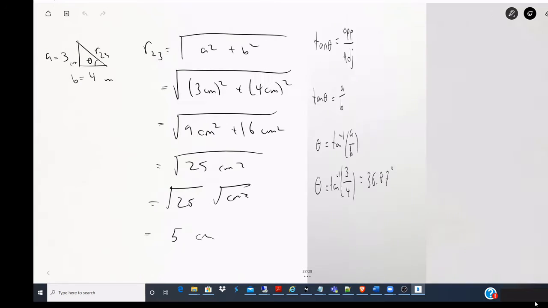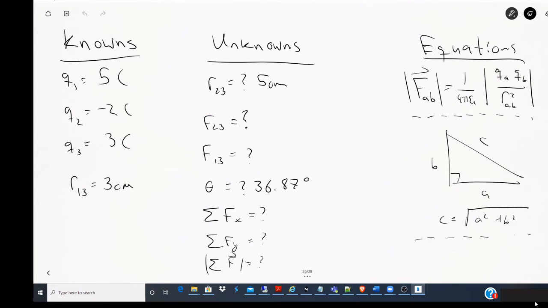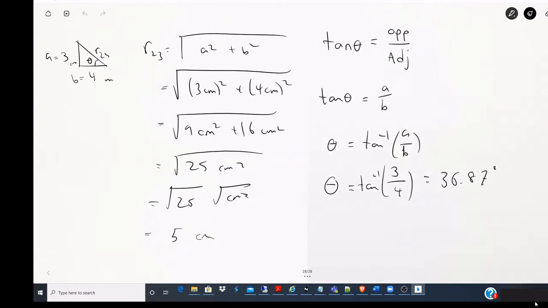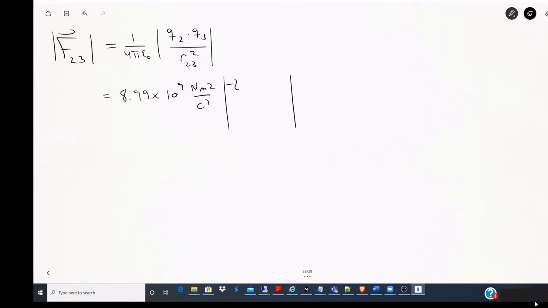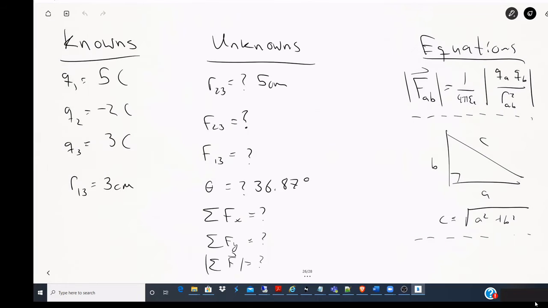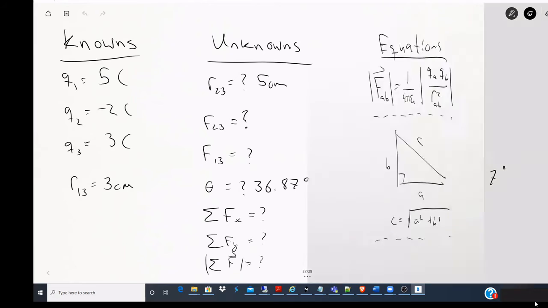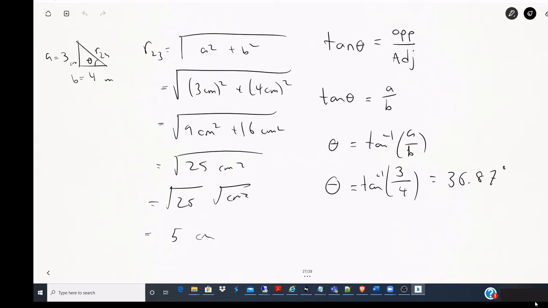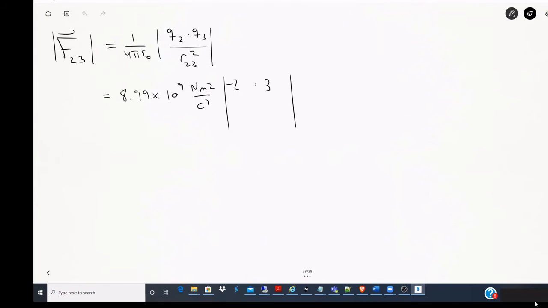Let's see what these other values are. Charge 2 is -2, charge 3 is 3, so I have -2 times 3, and those units were just coulombs, so I'll go ahead and put that in there. And I notice that R23 is 5 centimeters.